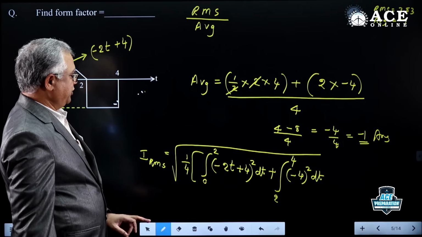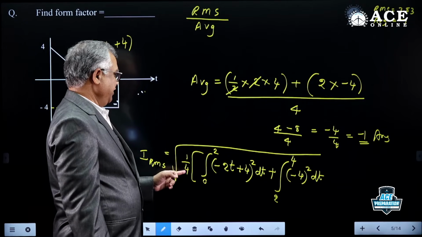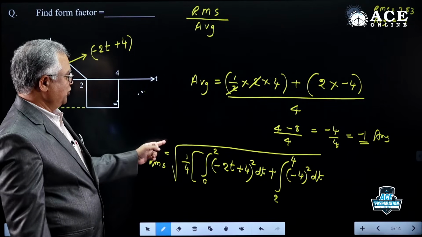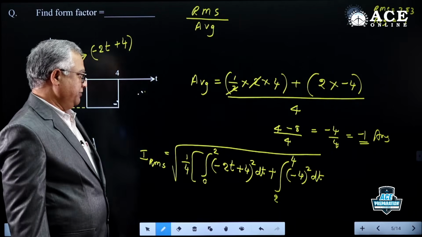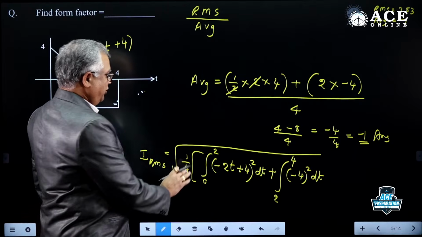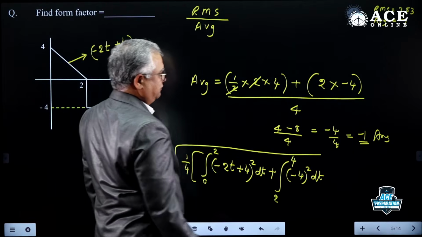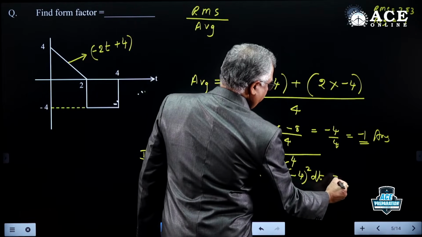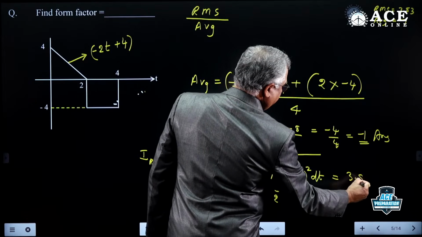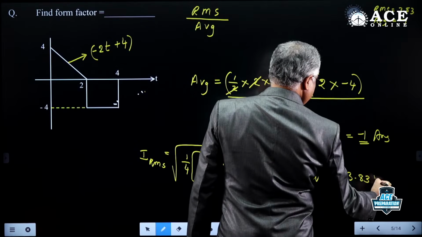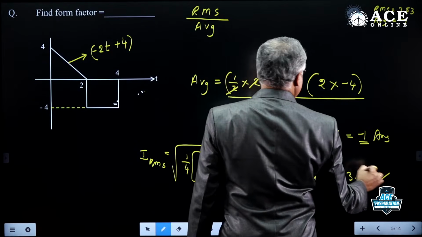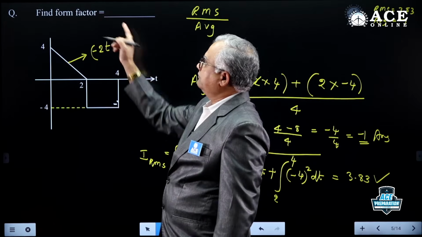RMS means root mean square. So mean is by the total period 4, root is there, square is there. I am not doing the detailed integration, but if you do it, you will get 3.83. So 3.83 is the RMS, and with the average of minus 1, substitute and you will get the form factor.